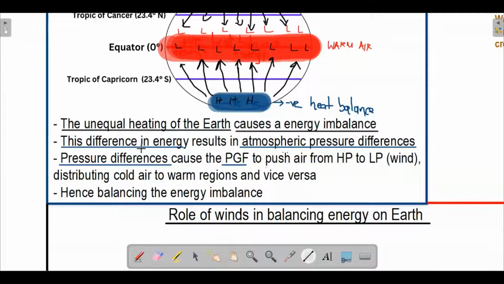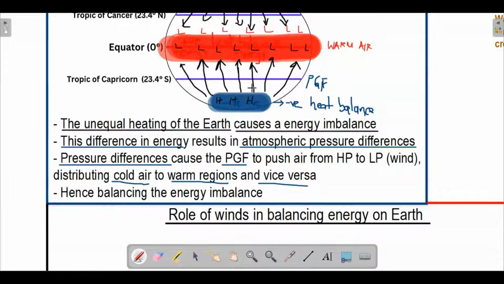So you have high pressure there, low pressure there, and they cause this force. So there's a pressure gradient force that pushes this cold air towards the equator. So pressure differences cause the pressure gradient force to push air from the high pressure to the low pressure, distributing cold air to warm regions, and vice versa. We'll talk about vice versa just now.